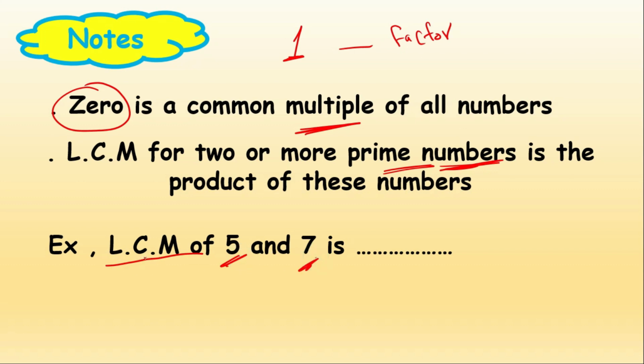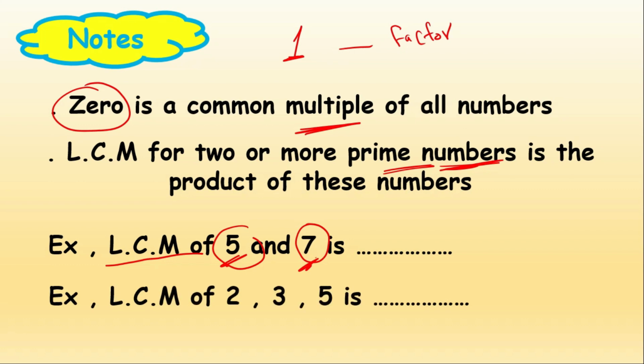So to find the LCM for any prime numbers, multiply the two numbers to get 35. Then the LCM of 2, 3 and 5: 2, 3 and 5 are prime. So to find the LCM for 2, 3 and 5, multiply the 3 numbers. 2 by 3 is 6, 6 by 5 is 30. So if you have prime numbers and want to find their LCM, you multiply them together.